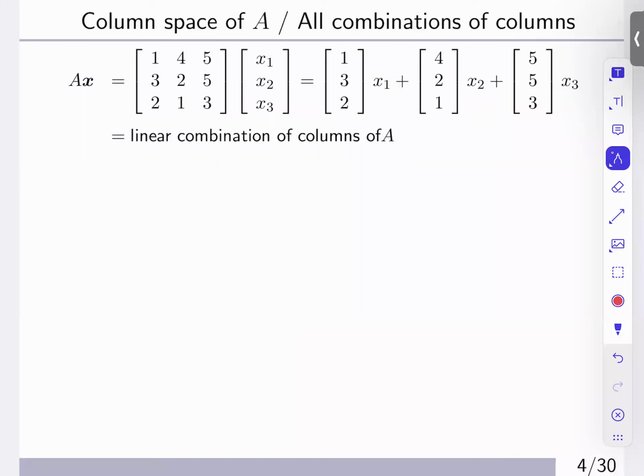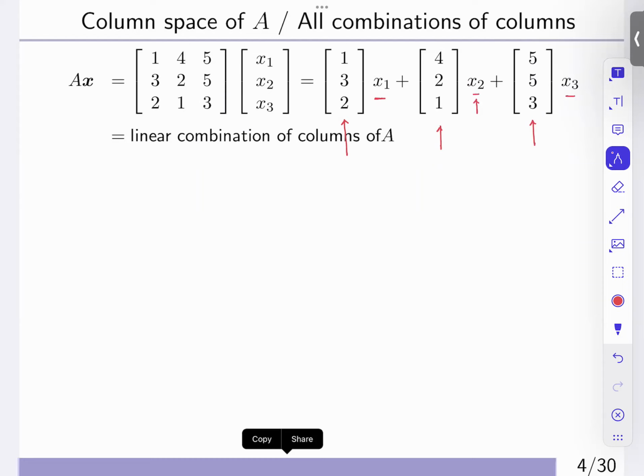Now, this is the same concept that we talked about earlier, but I want you to understand, if you want to multiply a matrix and a vector, you can think about it like this: this is the basis vector multiplied by the weight, this is the basis vector multiplied by the weight, and this is the basis vector multiplied by the weight.